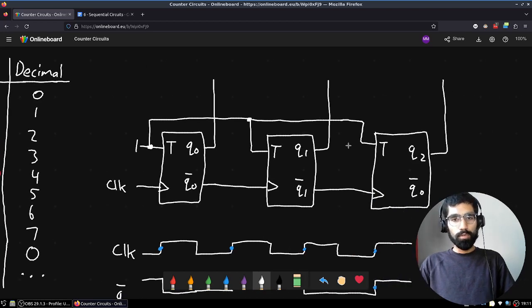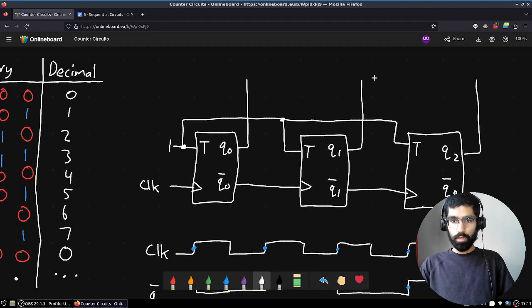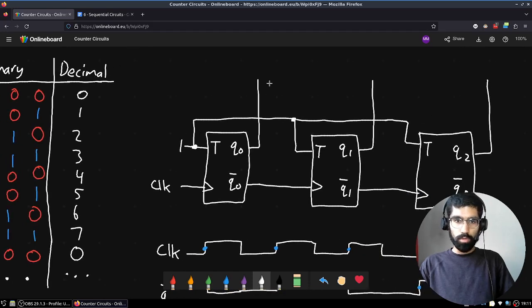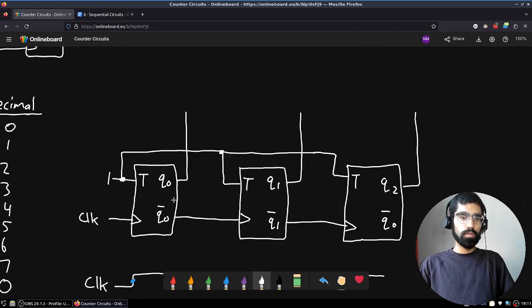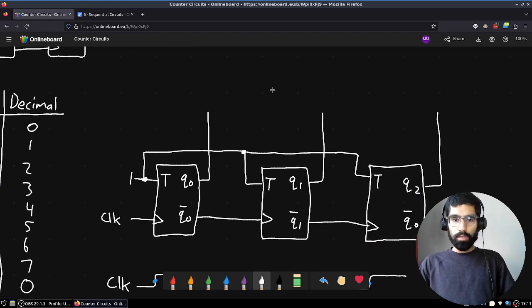If you read it in reverse, you should get this sequence of 0, 0, 0, 0, 0, 1, 0, 1, 0, and so on, where the sequence changes on the rising edge of the clock. So there you have it. This is our asynchronous counter.